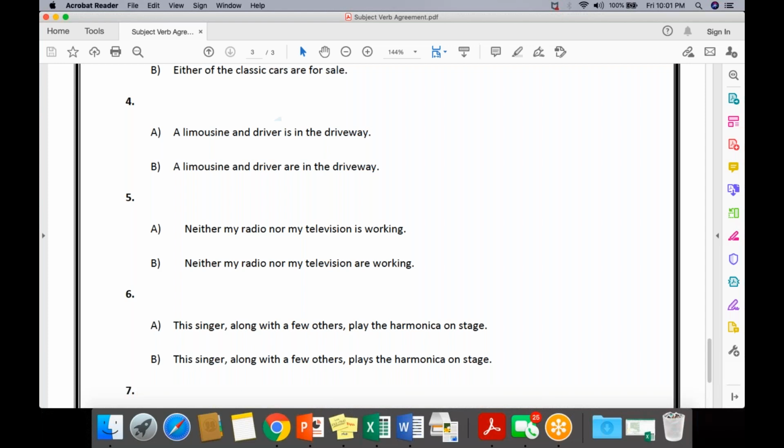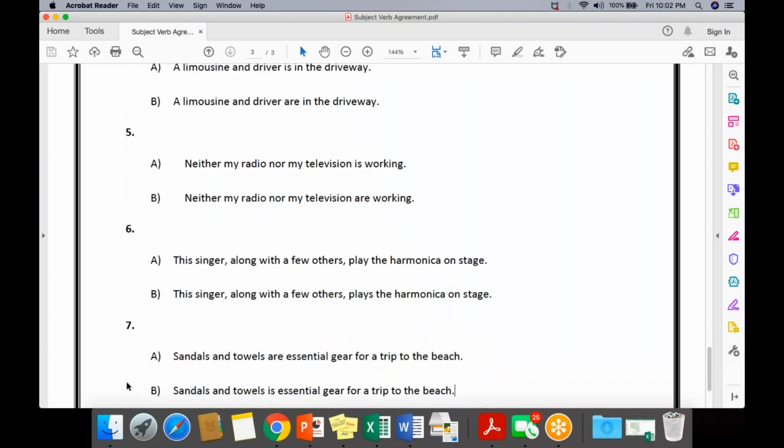Am I treating them as one or am I treating them as separate? The word along makes you one entity. If you have become one entity, my verb will be singular or plural? What will it be? Correct. So it will be place harmonica on the stage. Answer is option number B.